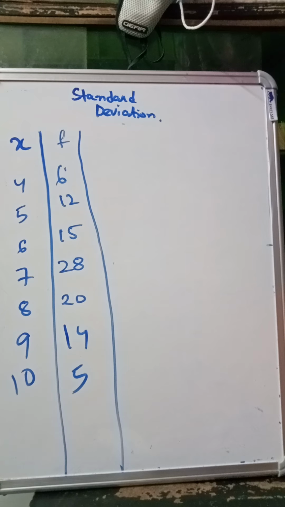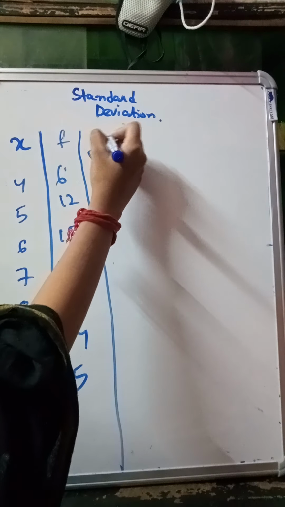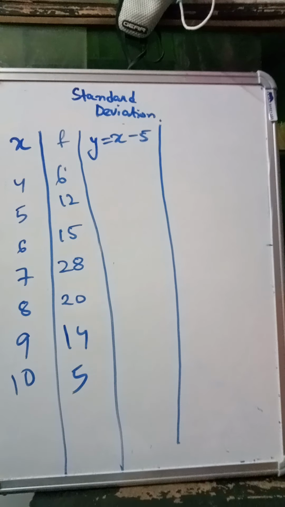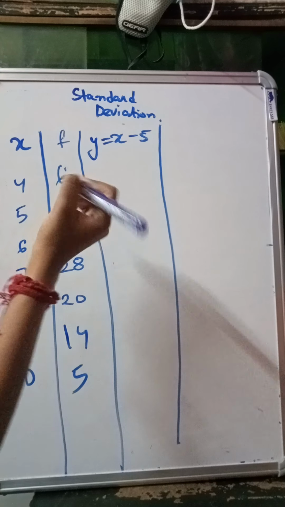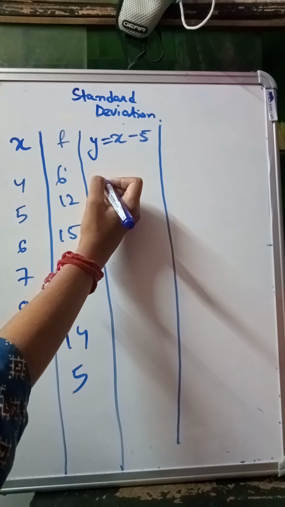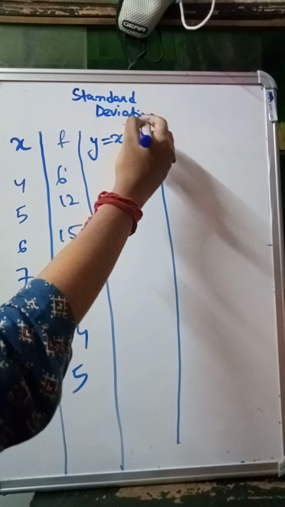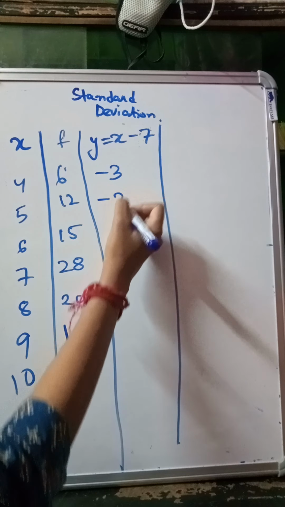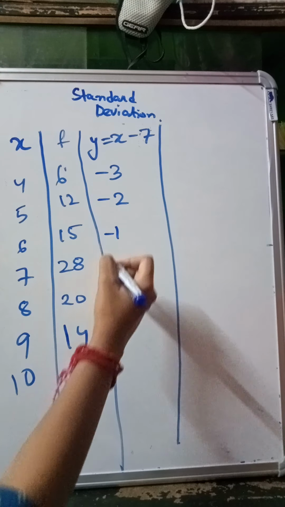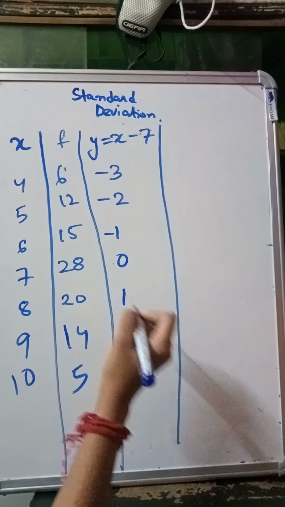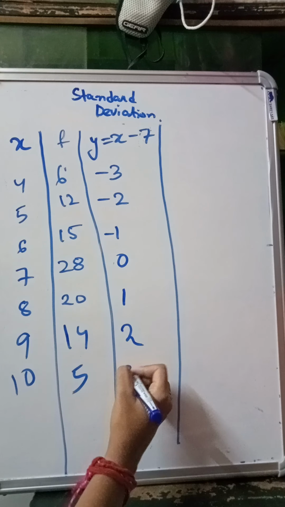Okay, so now we will define another variable y, which is x minus 7, that is, after changing the origin. See, 4 minus 7 is minus 3, 5 minus 7 is minus 2, 6 minus 7 is minus 1, 7 minus 7 is 0, 8 minus 7 is 1, 9 minus 7 is 2, again 10 minus 7 is 3.